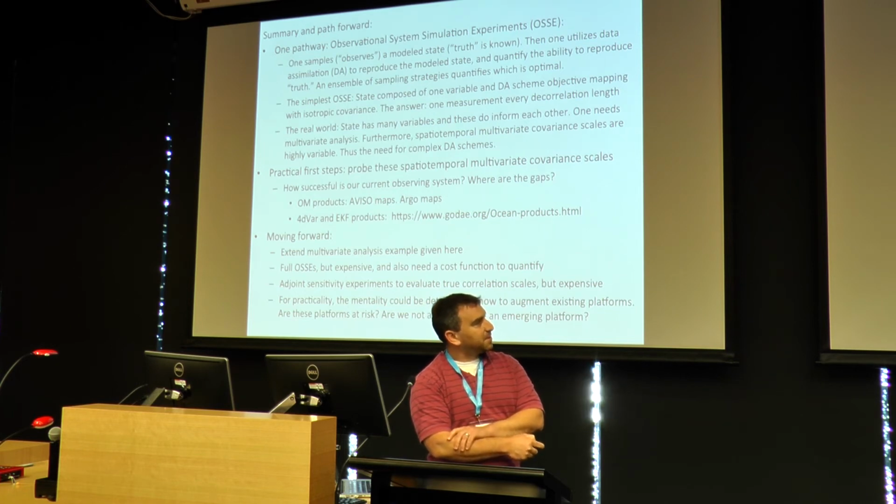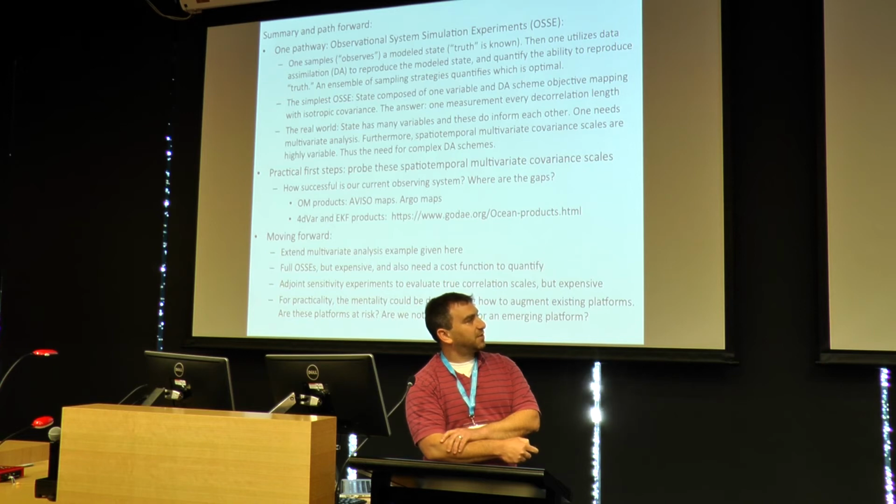But the first steps are just to probe these scales, make EOFs of different models, and figure out where our big gaps are and how successful our current observing system is. There are a lot of now objectively mapped products like Aviso maps and Argo maps. There are data assimilation reanalyses and real-time forecasts, and here's a list of some of them on this page.